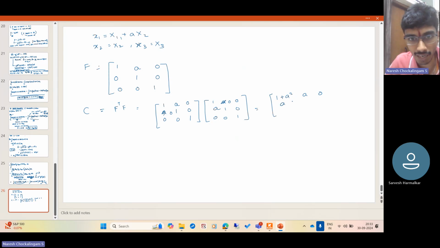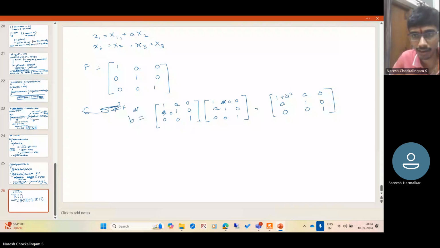This will be symmetric, so A, and this will be 1, 0, and this will be 0, 0, and the last one will be 0, 0, 1. So B will be this. Okay, so we have B.